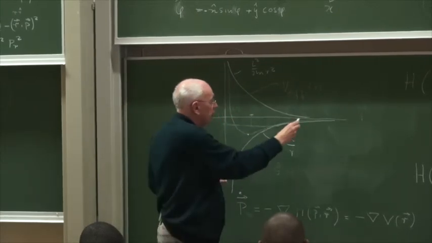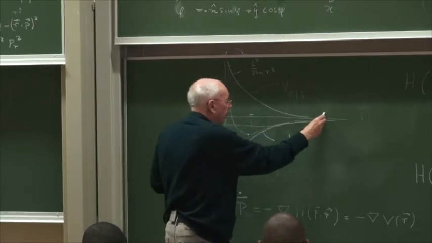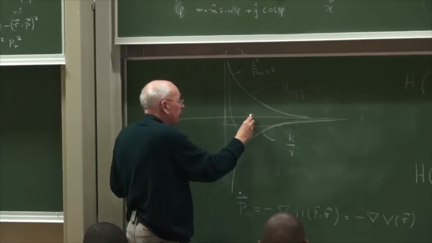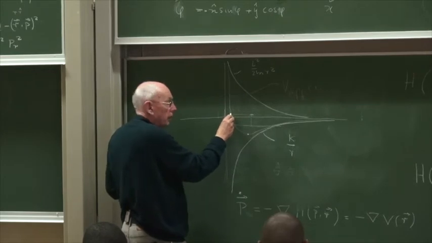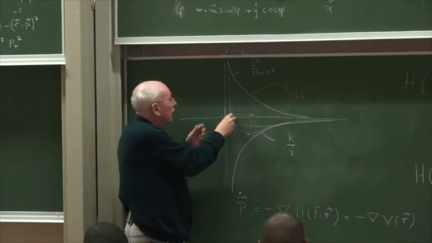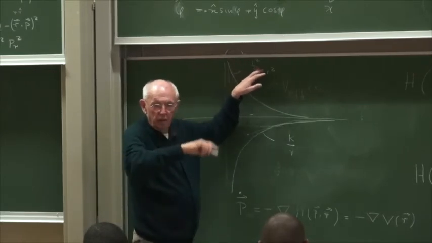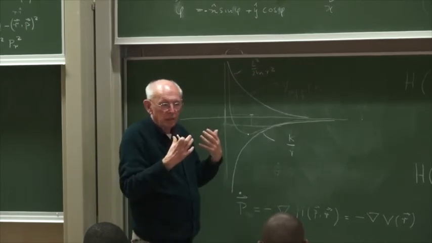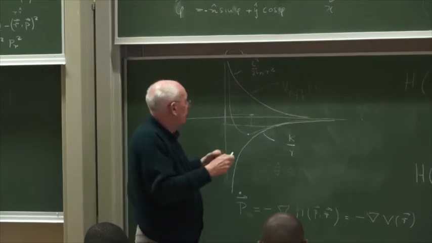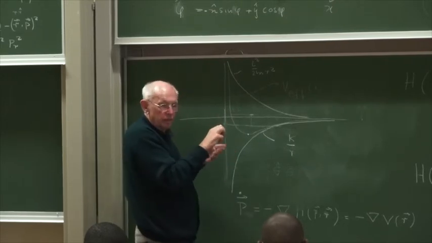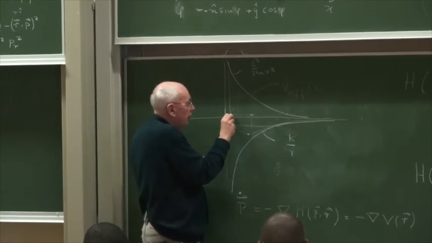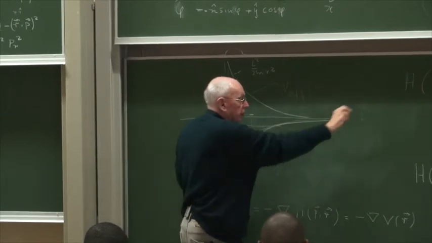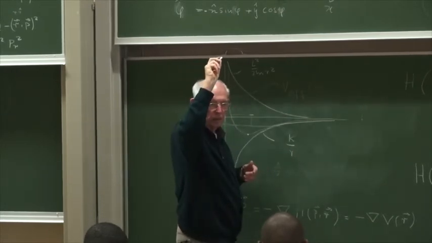And what it does is it comes from far away, and it has this energy, and it goes up to here, and this angular movement shields us, so that it doesn't hit us, it doesn't come right to the center. It comes up to here, and then it turns back and it goes out.